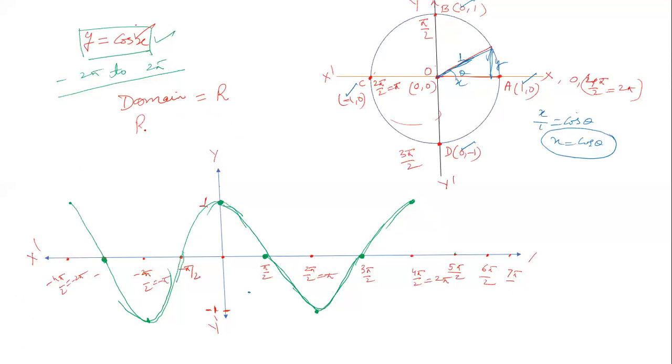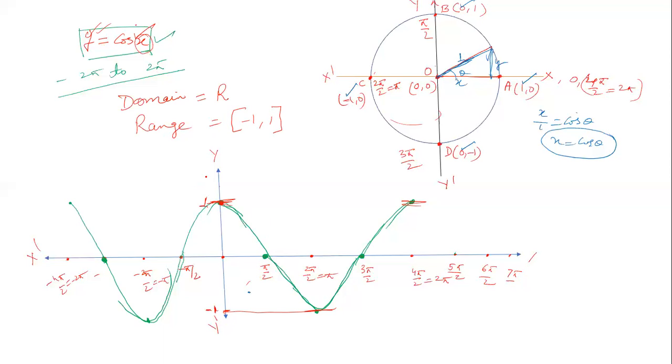And what is the range? Range means on substituting all real values of x, what would be the value of y? The maximum value of y is 1 and the minimum value of y is minus 1. So its range would be minus 1 to 1 closed interval.